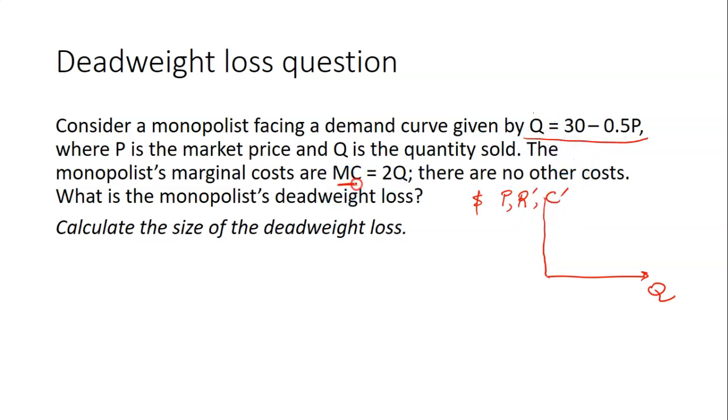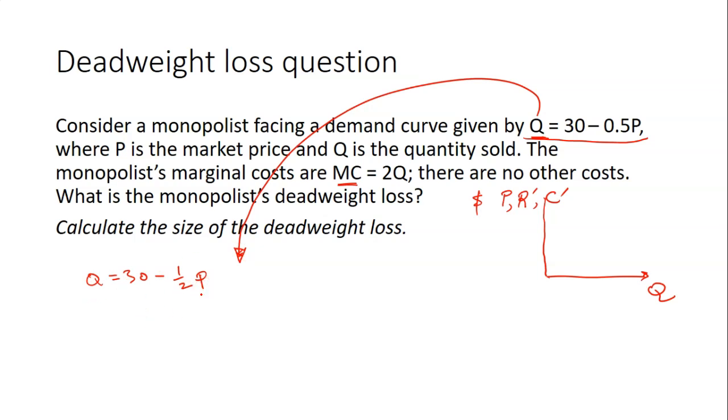We've got the marginal cost expressed on the left hand side, but here we've got the quantity on the left hand side when really we want it as a price. So before we even start answering the question, we want to rearrange this equation.